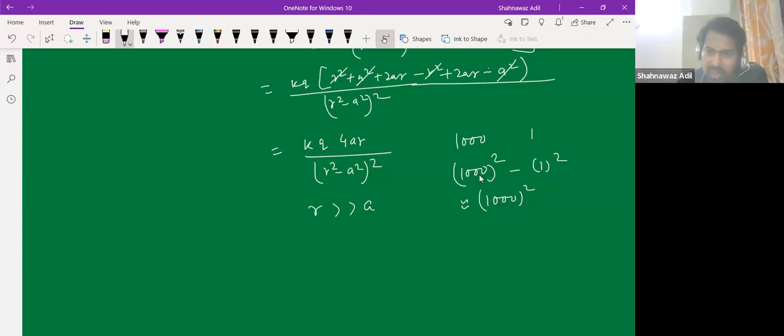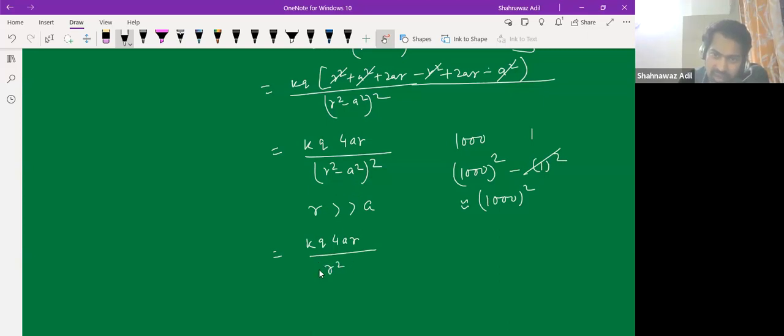Because 10 to the power 6 is how much? Million, right? So 1 million, and if you subtract 1 from 1 million, that is negligible. So this we can neglect. So in the denominator, we can neglect this A square.